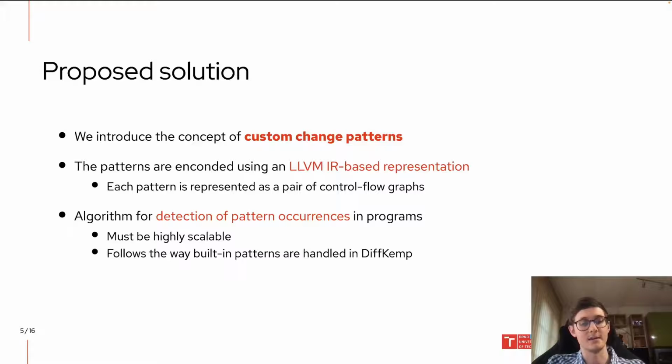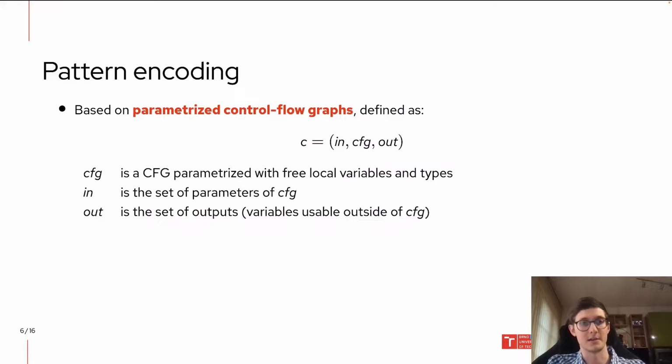Okay, and we also propose to encode these patterns into LLVM-IR, which is beneficial to us not only because diffcamp uses LLVM itself, but also because LLVM-IR represents functions as control flow graphs, which will be quite useful in a moment. And now we'll look at the pattern encoding.